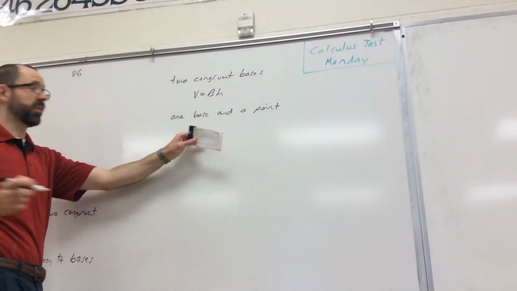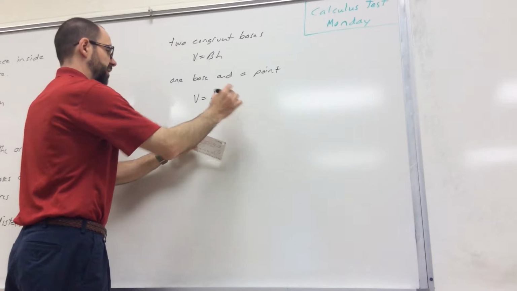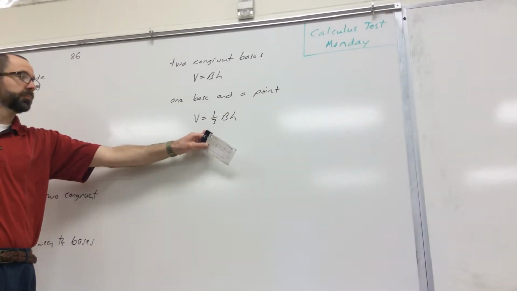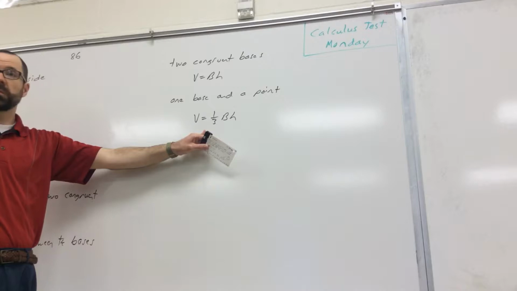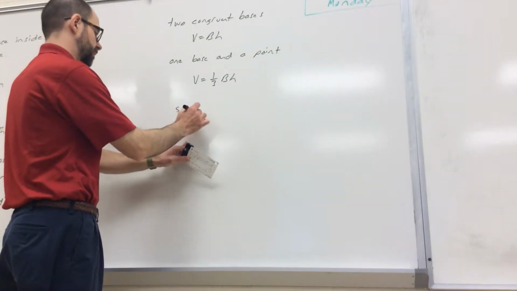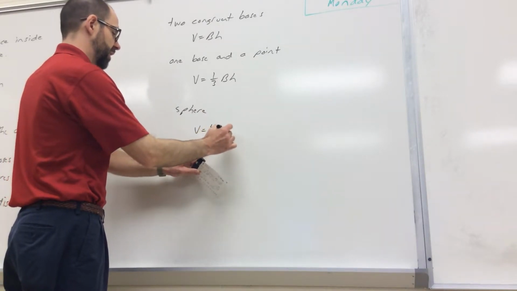And the volume formula for that is 1/3 capital B times H. And then for a sphere, the volume is 4/3 pi r cubed.